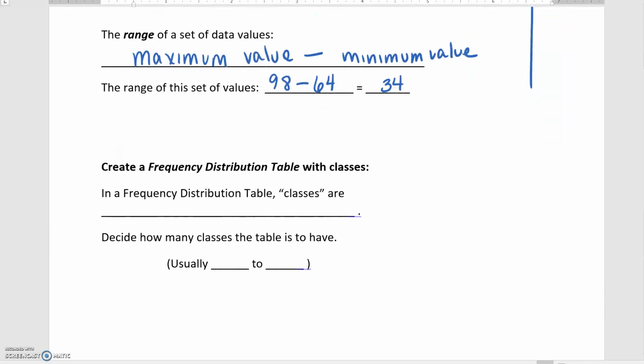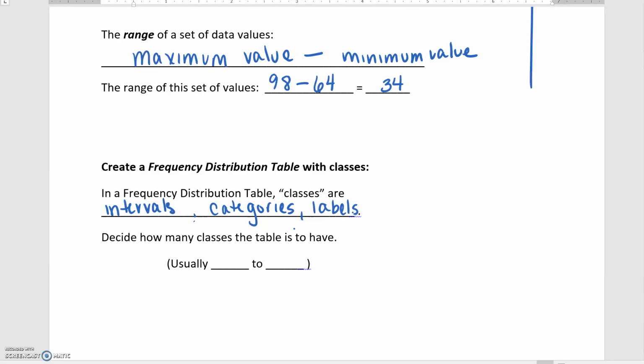So now to create our frequency distribution table with classes, the classes are our intervals. And we'll need to make sure that we have intervals that each of our data values fit into. Now you may have a case where you're counting something that's not numerical, something that has categories instead. And so our classes there would be the categories or the labels.